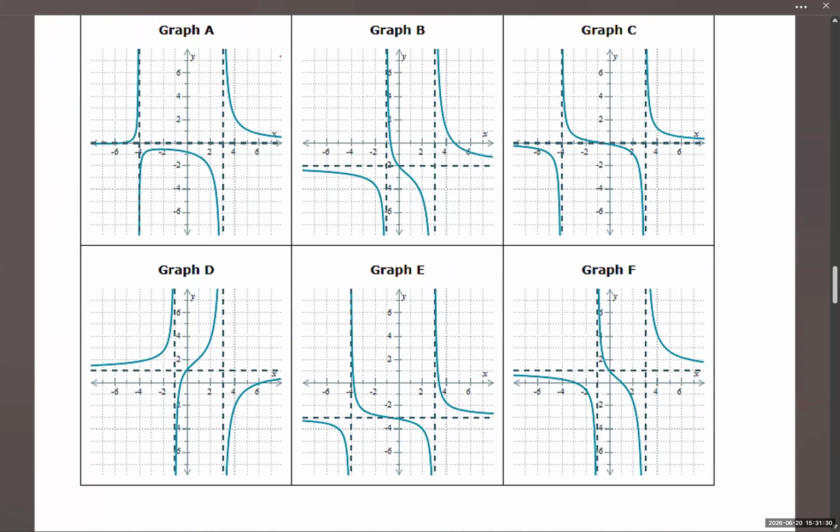Graph D has the correct vertical asymptotes. It has the horizontal asymptote at y equals 1, and the graph actually passes through the point (0, 1). So it is graph D for the first function.